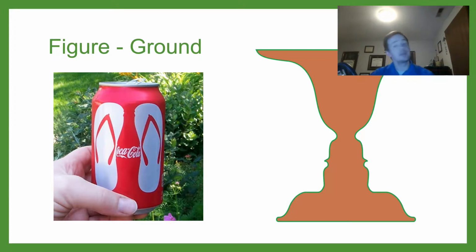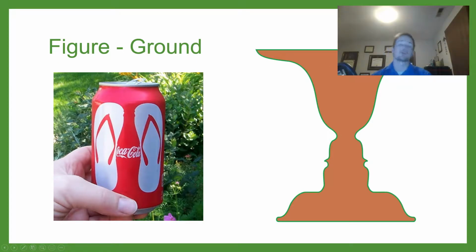So depending on what it is that you see depends on what you are perceiving as the background. If you perceive this white space as being the background, then you perceive this as being a goblet or a cup or a vase. If you perceive the brown or the orange or whatever this color is as being the background, then you perceive these white faces to be in front of it.